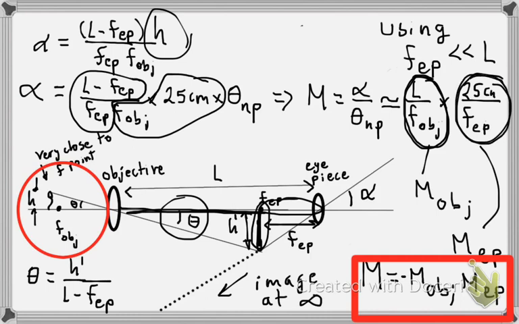So the magnification can be written as the product of the magnification of the objective and the magnification of the eyepiece. The overall magnification of the microscope is the product with a minus sign, because one more time the image is inverted. So the magnification is minus the magnification of the objective times the magnification of the eyepiece.